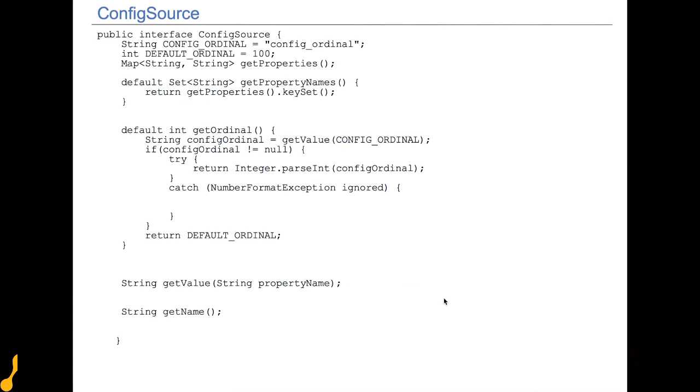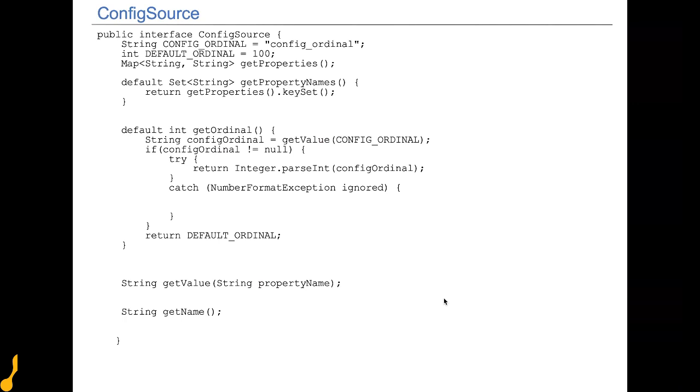Let's have a look at the ConfigSource API. As you can see, it has a string config_ordinal. So when you create a custom config source, make sure you also put a config_ordinal inside the file to override the default, which is 100, with a meaningful ordinal.